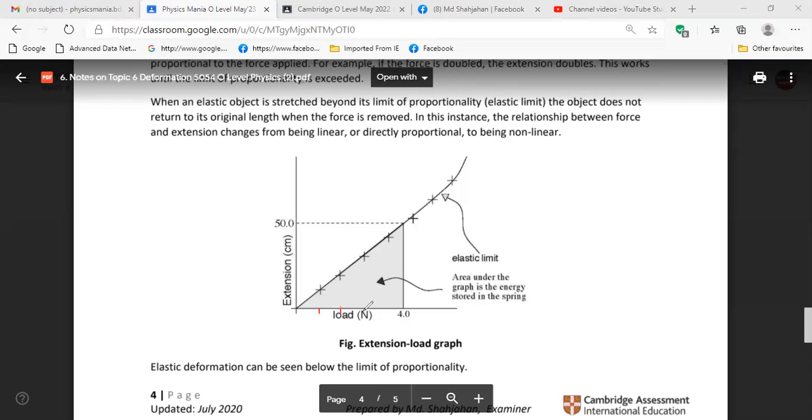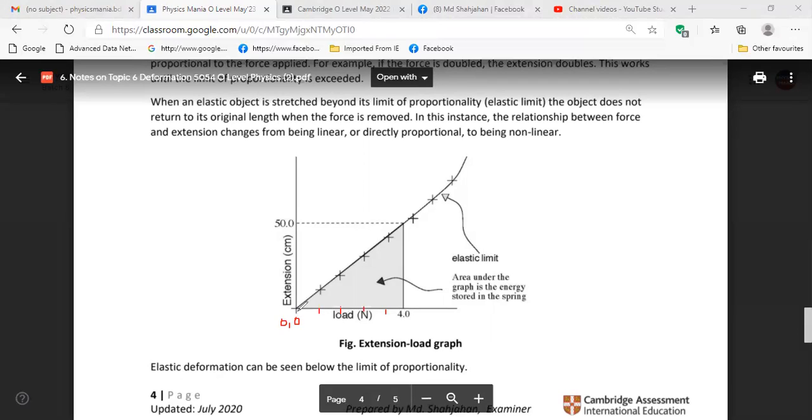This way you can mark. It starts from 0. Origin is 0. The load is 0, extension is 0.